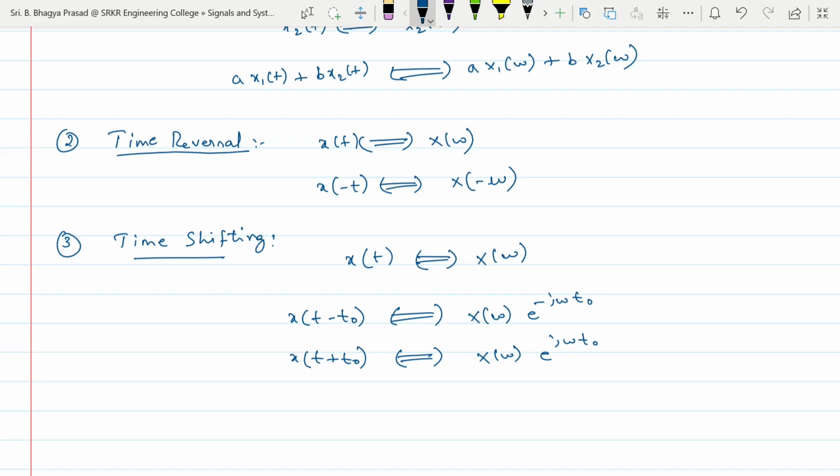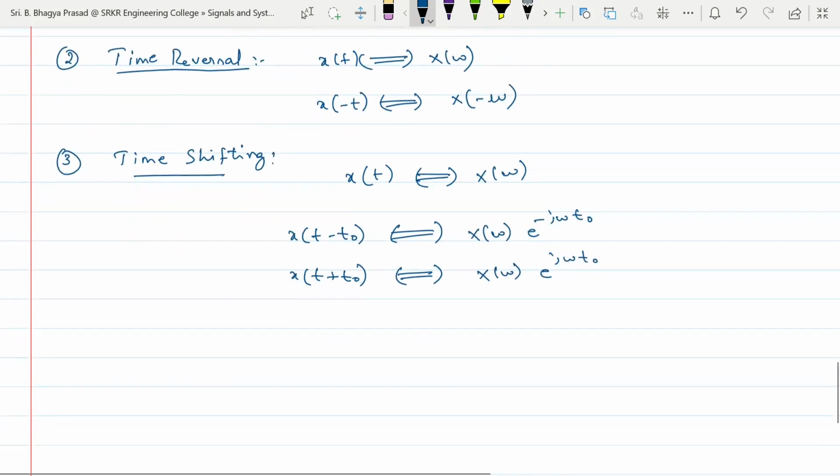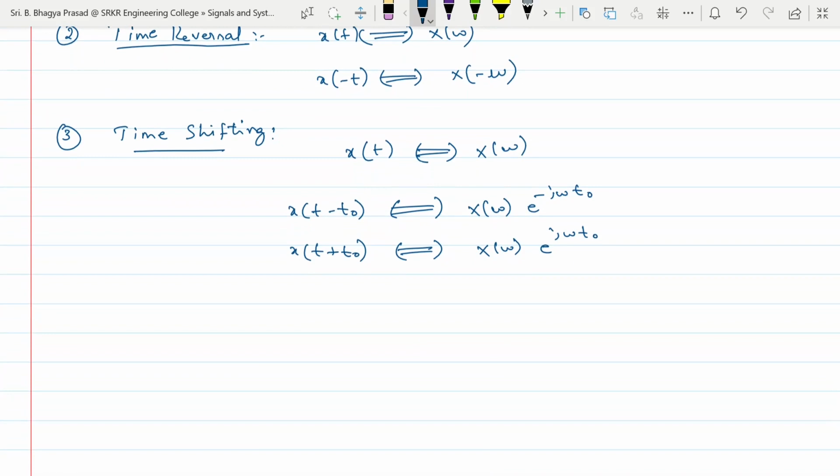So time shifting of your original signal doesn't change the magnitude spectrum, but the phase will be changed. And that change is represented by these terms, minus omega t naught and plus omega t naught. Okay, and the fourth one, frequency shifting.